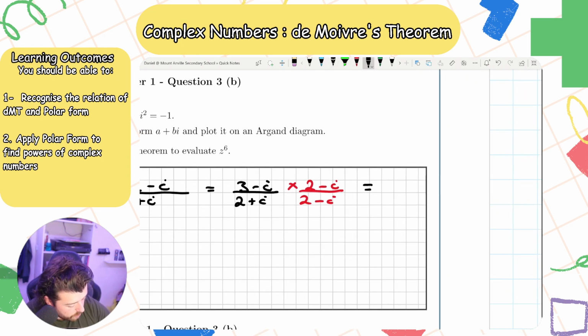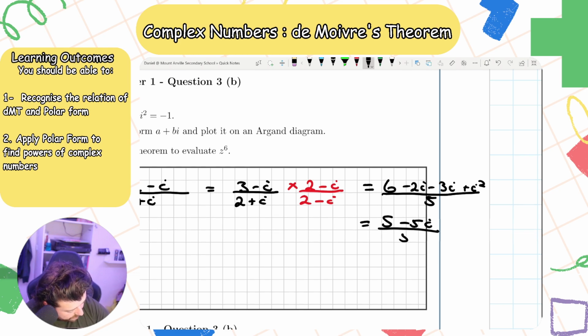So when you multiply the top of this fraction, you're going to get 6 minus 2i minus 3i plus i squared, all over, multiplying this out, you're going to get 5. So here, I'm going to have 6 plus i squared. It's going to be 6 minus 1, which is 5. 5 minus 5i all over 5, which is equal to 1 minus i.